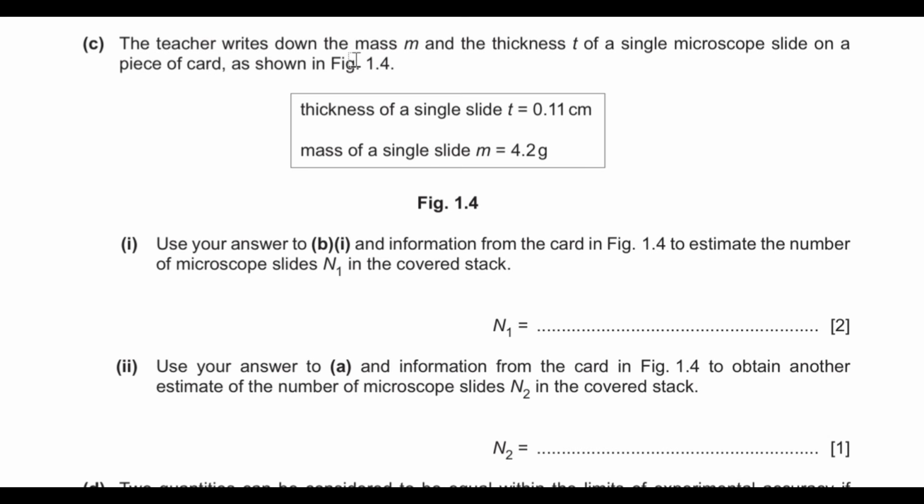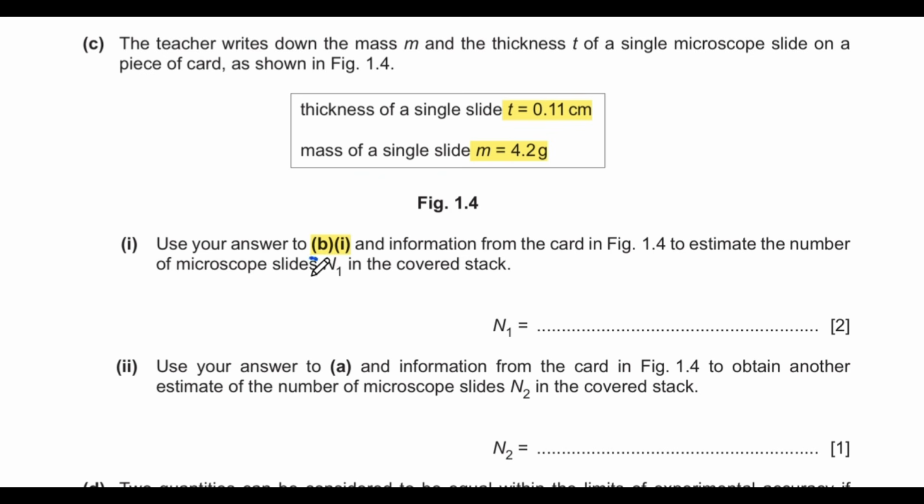C part says the teacher writes down the mass and the thickness of a single slide on a piece of card. So thickness of each slide is 0.11 centimeter and the mass of one slide is 4.2 grams. Use your answer in part B1 and the information in the card to estimate the number of microscope slides N1 in the covered stack.